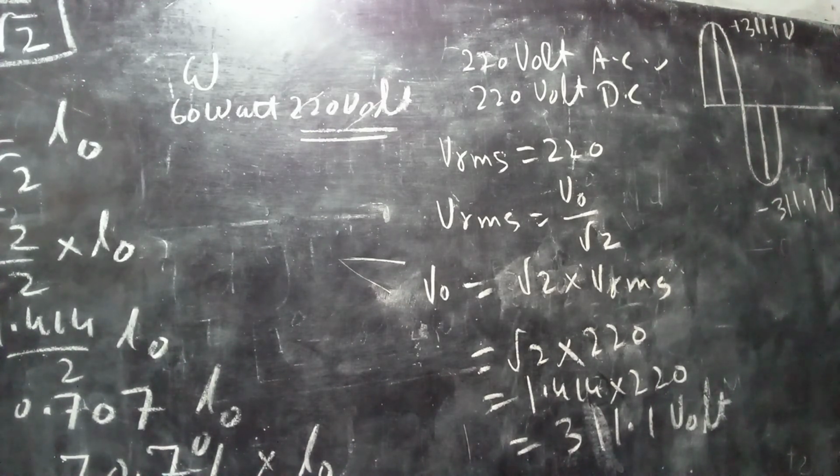You get more shock when you test 220 volt AC in comparison to 220 volt DC, since AC voltage varies from negative 311 to positive 311 volt, while 220 volt DC does not vary, it is fixed. So you get more jerk, more shock from 220 volt AC in comparison to 220 volt DC.